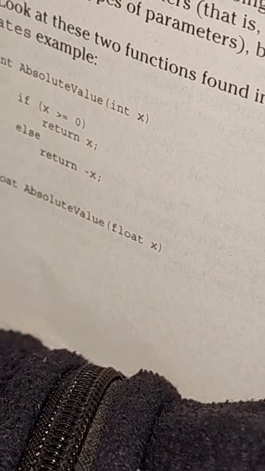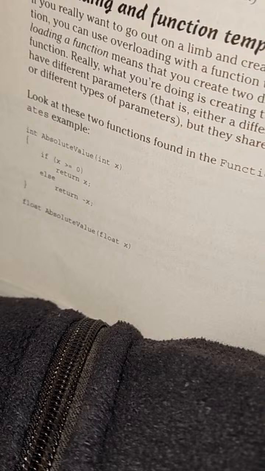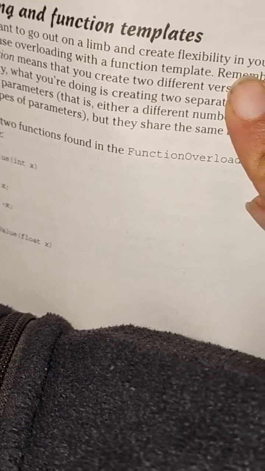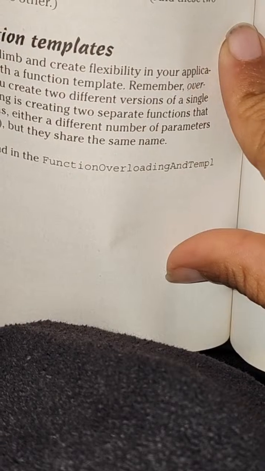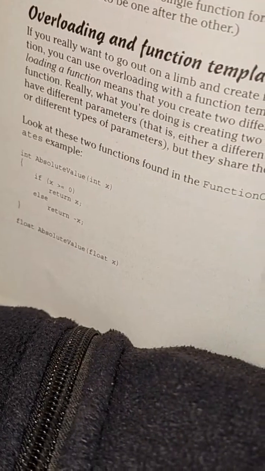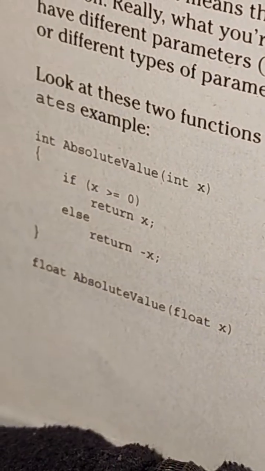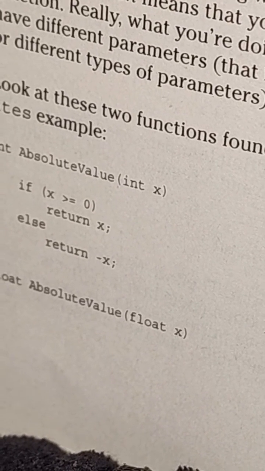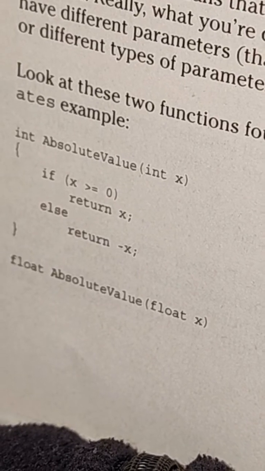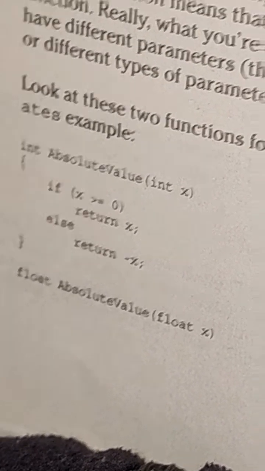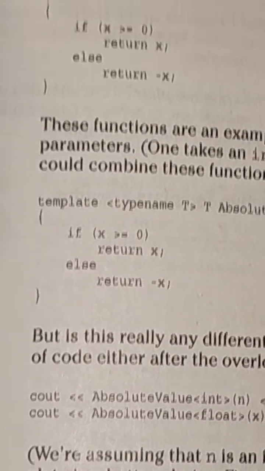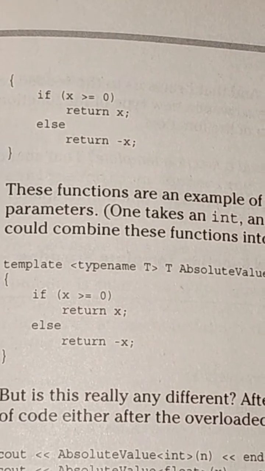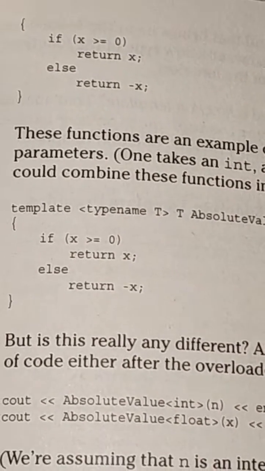Look at these two functions found in the function overloading and template example. int absolute value, int x: if x is greater than or equal to 0, return x, else return negative x. float absolute value, float x: if x is greater than or equal to 0, return x, else return negative x.